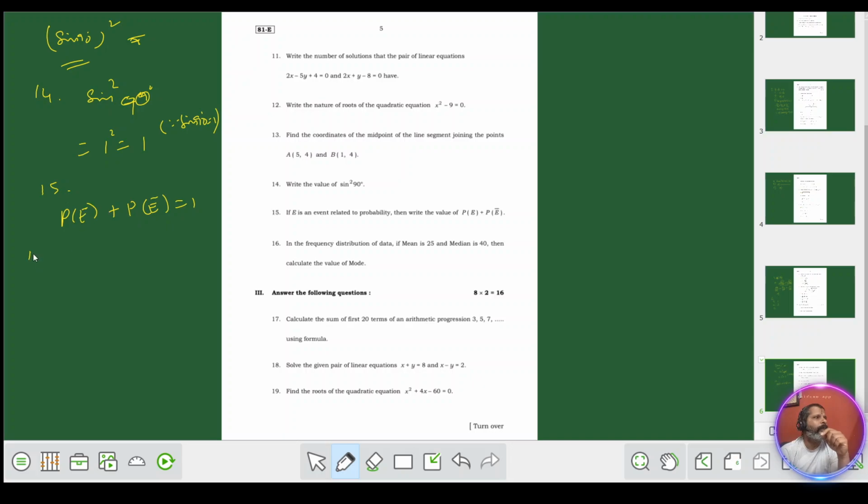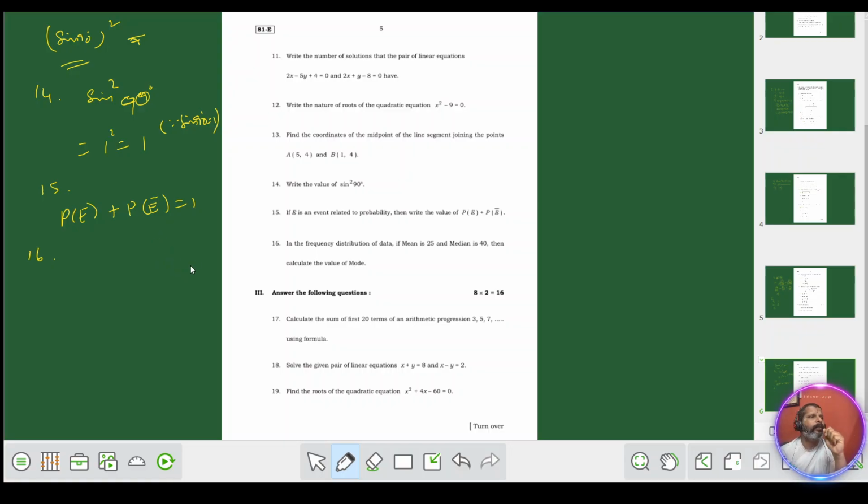Okay, remember. This might be asked like this also. If the probability of raining today is 0.3, what is the probability of not raining today? Raining today and not raining today are negative events, means one is mutually exclusive to the other. So it will always be 1 minus that value.